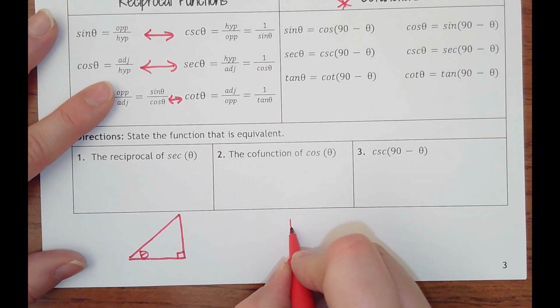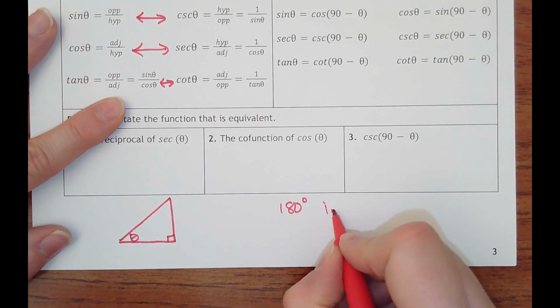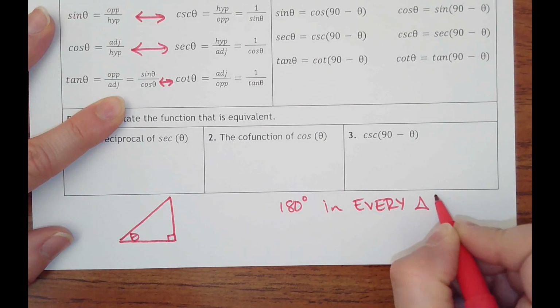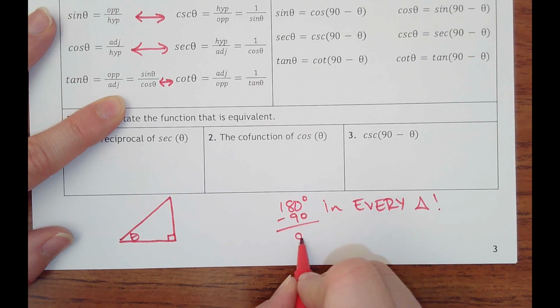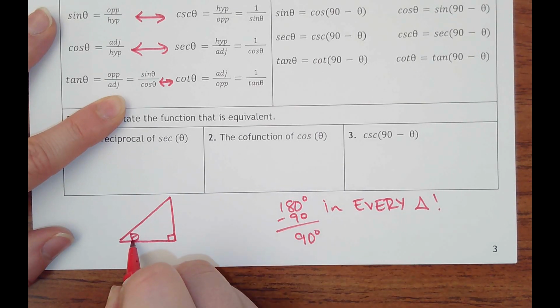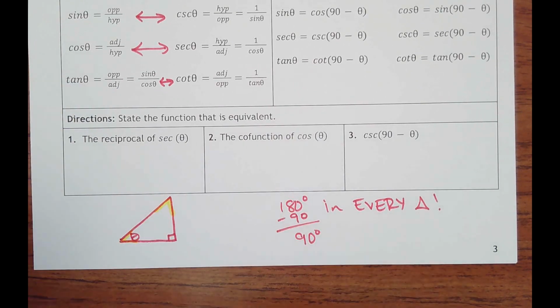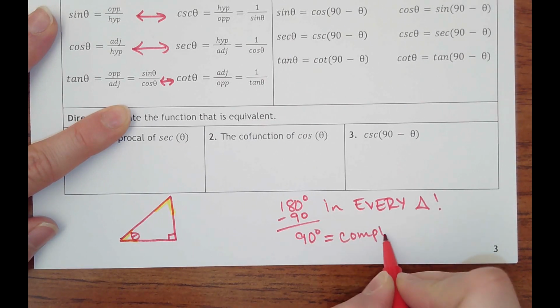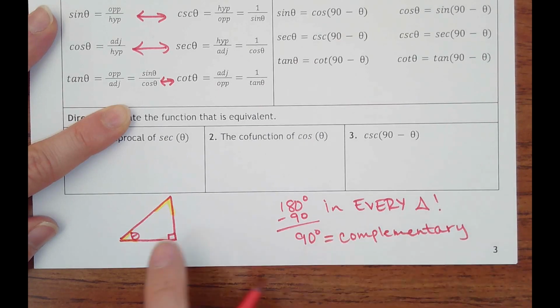I know all triangles have 180 degrees, and I know 90 of it is here, that leaves me 90 degrees between this angle here and this angle here. So those two acute angles are what's known as complementary angles, when they sum or add up to make 90.